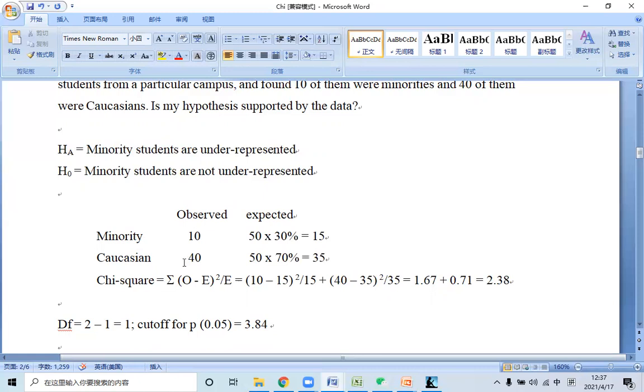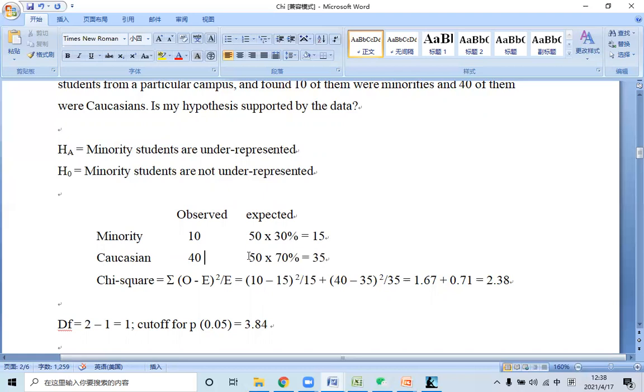And you have 40 people who are white, not minorities, Caucasians. And do you think this data really shows us support of the idea that we have too few minority students? The minority students are not well represented on campus. Would that be good evidence?